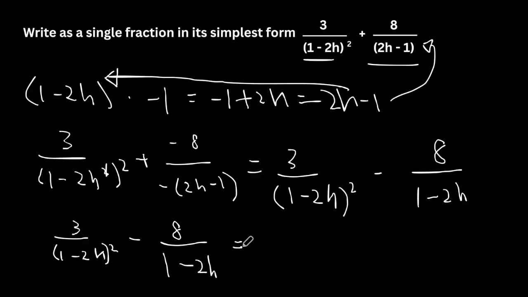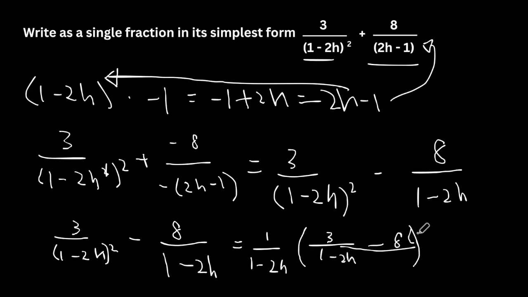So 1 over 1 minus 2h is common. So 3 minus 8 times (1 minus 2h). That's what I get, and you just make this a common denominator, 1 minus 2h, so you have to do 1 minus 2h over here. Let's see how I can, okay, let's remember this and write to the next slide.